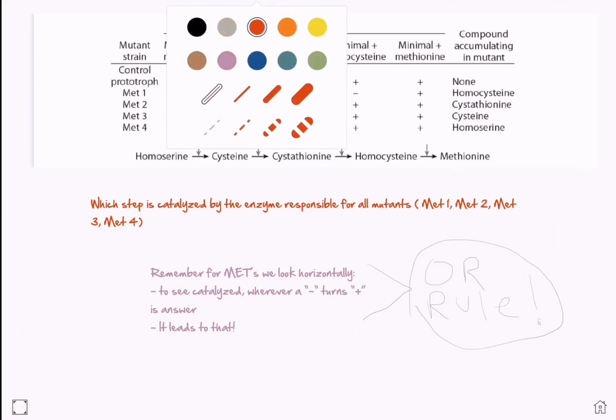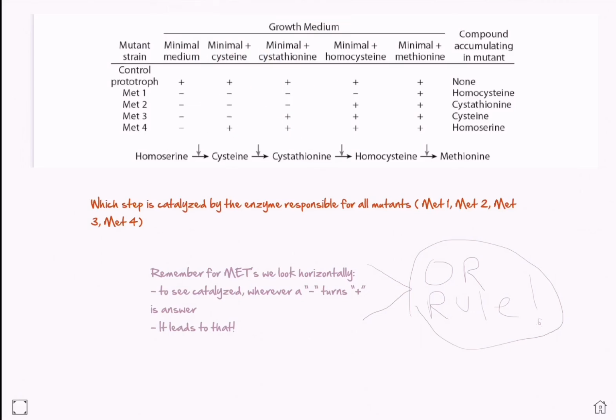When we're dealing with mutants, we look horizontally and we start last. So this one is MET1, this one is MET2, MET3, and MET4. I got MET1 because there's 1 plus here, 2 pluses, 3 pluses, and then 4 pluses here.